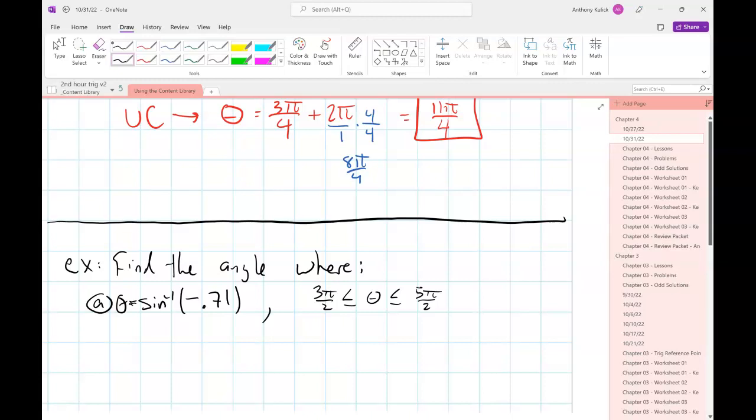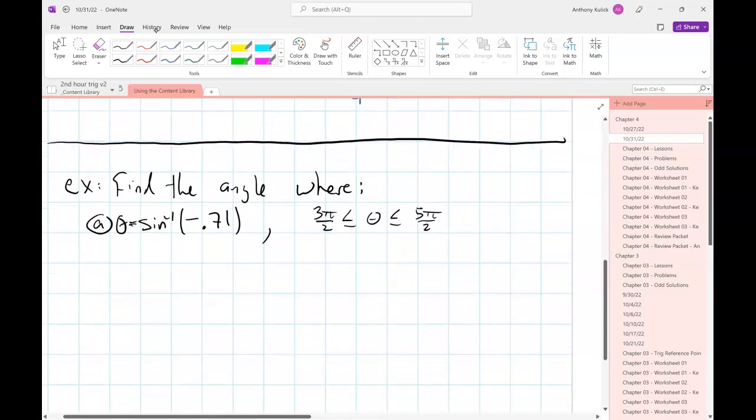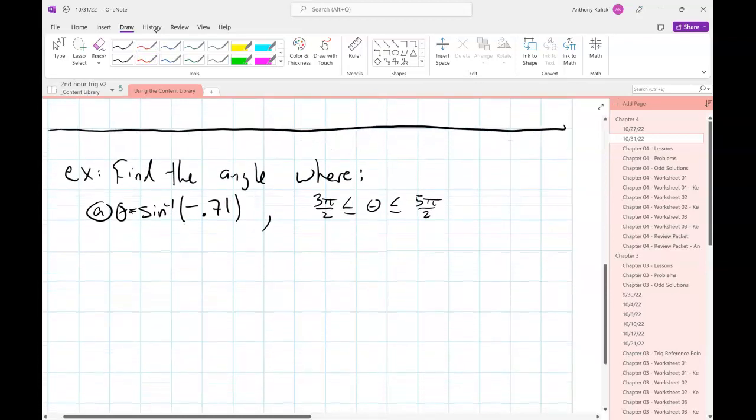All right. So let's take a look at this example. First of all, notice in the directions that we're not looking for an exact value, which is a good indicator that we're probably not going to be using the unit circle.